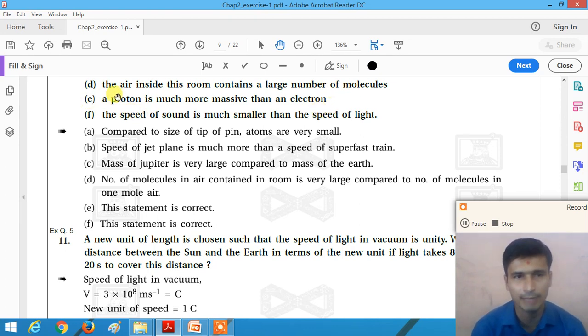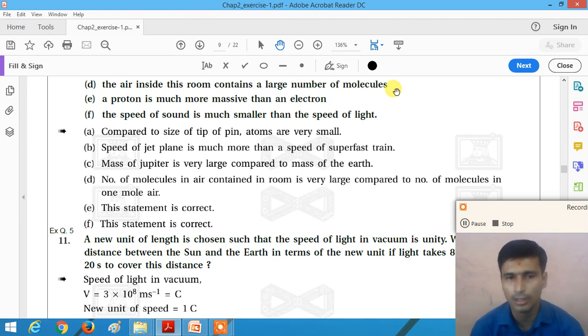One question left, D part. The air inside this room contains a large number of molecules. A large number of molecules of the air is contained in the room in comparison to the volume of the room, right?